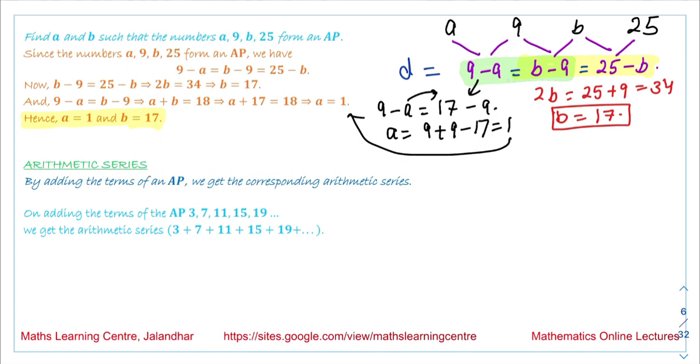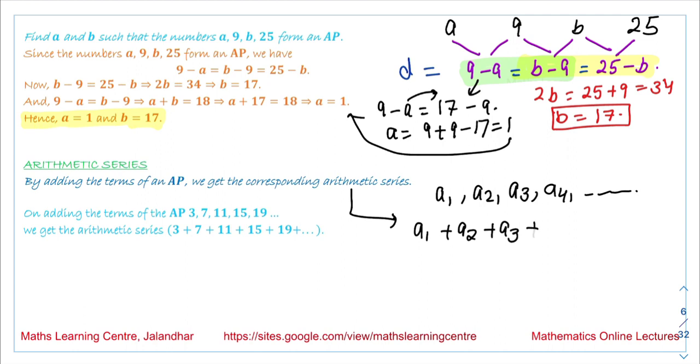Next is arithmetic series. By adding the terms of an AP, we get the corresponding arithmetic series. If the AP is A1, A2, A3, A4 and so on, the arithmetic series means we are adding all these terms: A1 plus A2 plus A3 plus A4 and so on.